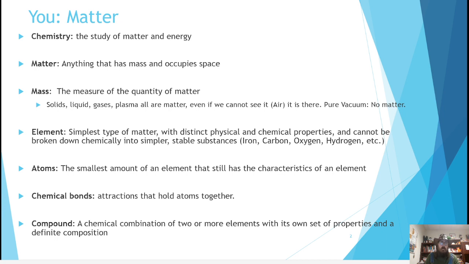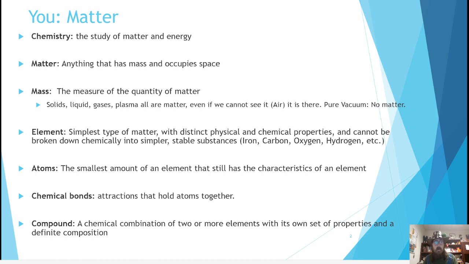Now, one of the main types of matter we will talk about is the element. It is the simplest type. Each element has a distinct physical and chemical property that distinguishes it from every other element. And we cannot break down an element into something that is chemically simpler and still be stable.